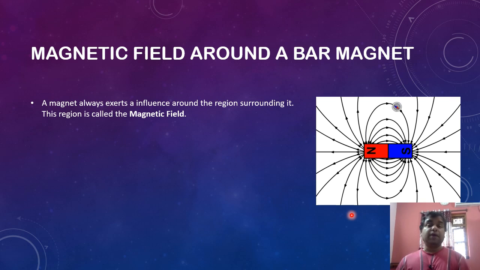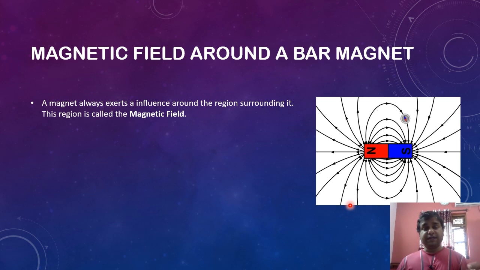If you take any object that can be attracted towards a magnet, like a needle, you notice that as you bring the needle closer and closer, the attractive force that pulls it closer to the magnet gets stronger and stronger.